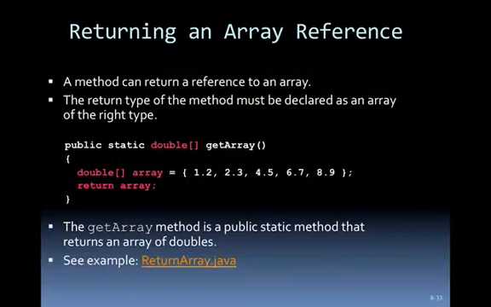The big thing that we have to do here is make sure that when we specify the type of return data, we're putting in the opening and closing square brackets, so that we can let Java know that this isn't just a single double value, but we're actually going to be returning a list of double values.